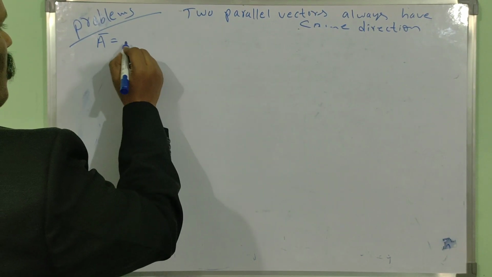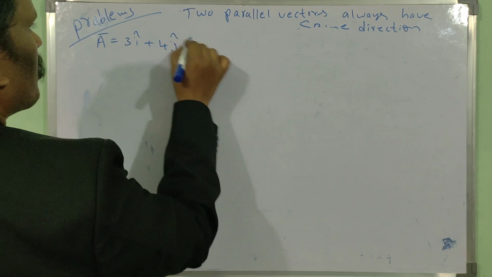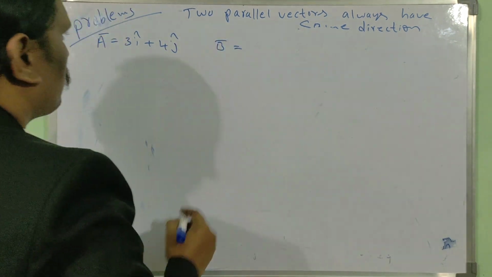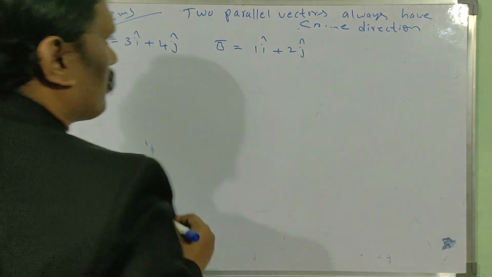Suppose A bar I am going to consider as 3i cap plus 4j cap, and B bar as 1i cap plus 2j cap.